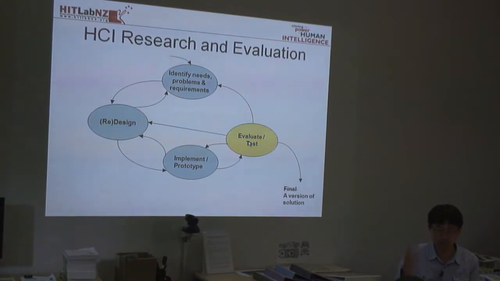But if it fails to satisfy some of the needs or requirements that you first set at the very first stage, you might want to go back to one of the stages you did at the beginning. It might be a very simple problem, like some of the chips on your circuit board being a little bit loose, so that you have to solder them again. That would mean going back into the implementation stage to make the application more solid.